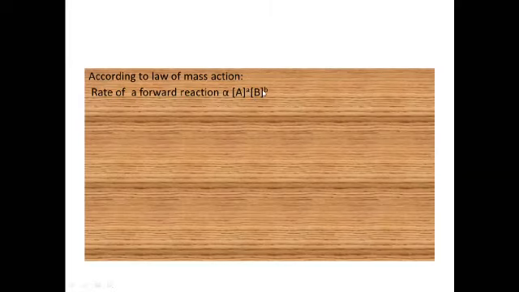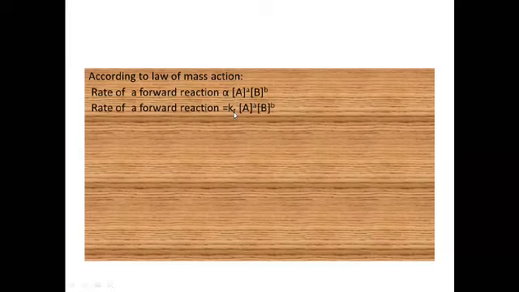The small a and small b are their numbers of moles as they appear in the balanced chemical equation. So the rate of forward reaction is proportional to the product of the active masses of the reacting substances. To remove the proportionality sign, we will use a constant Kf. What is Kf? Kf is called the reactivity constant of the forward reaction. Instead of the proportionality sign, we will use equality with Kf.